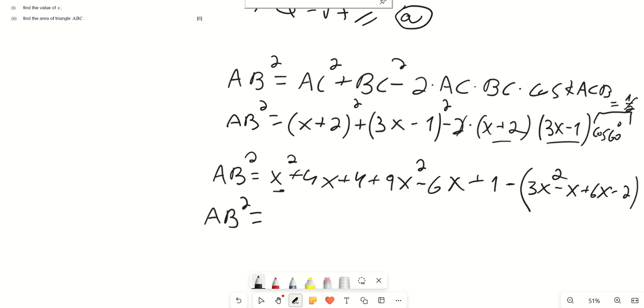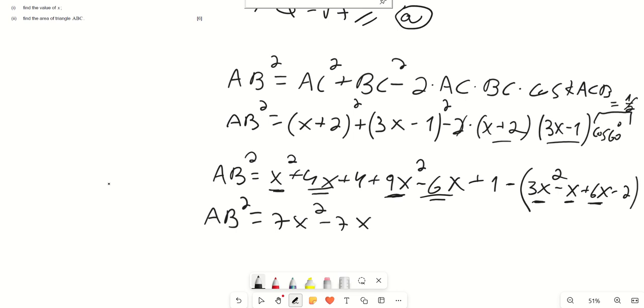So let's see, we have x squared plus 9x squared, which is 10, and then minus 3, so it's 7x squared. Here I have 4x minus 6x, this is minus 2x, and here plus x because of the minus outside, and another minus 6x, and this comes down to minus 7x.